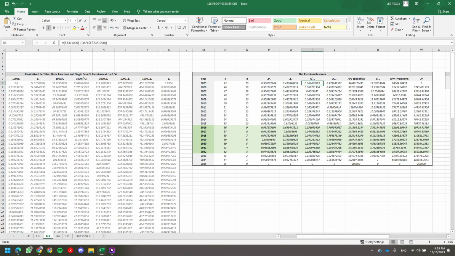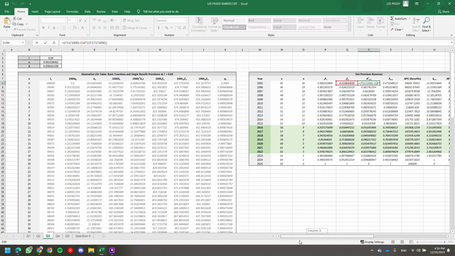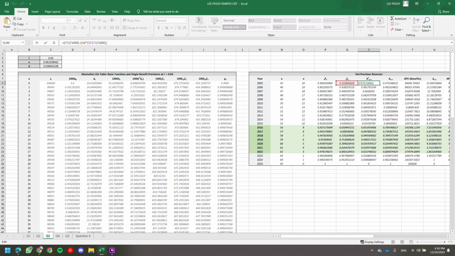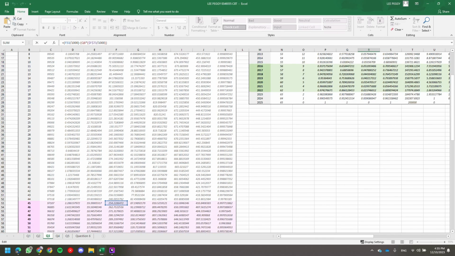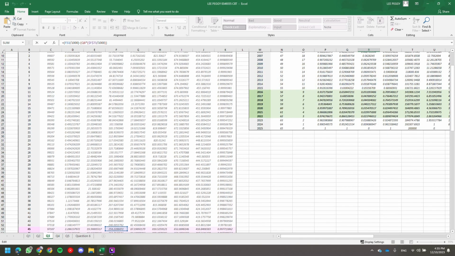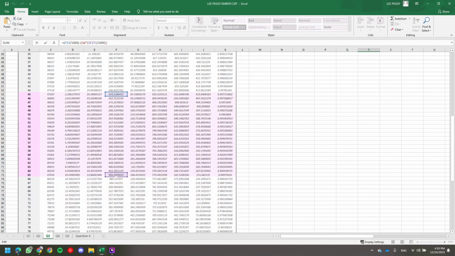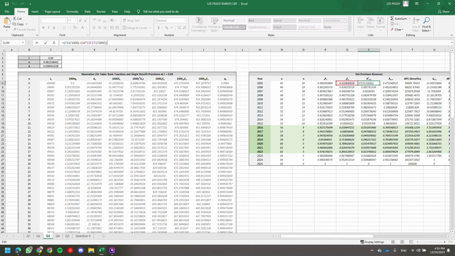To get the term life insurance, we use Ax, which is A45 and so on respectively, minus nEx times A65.